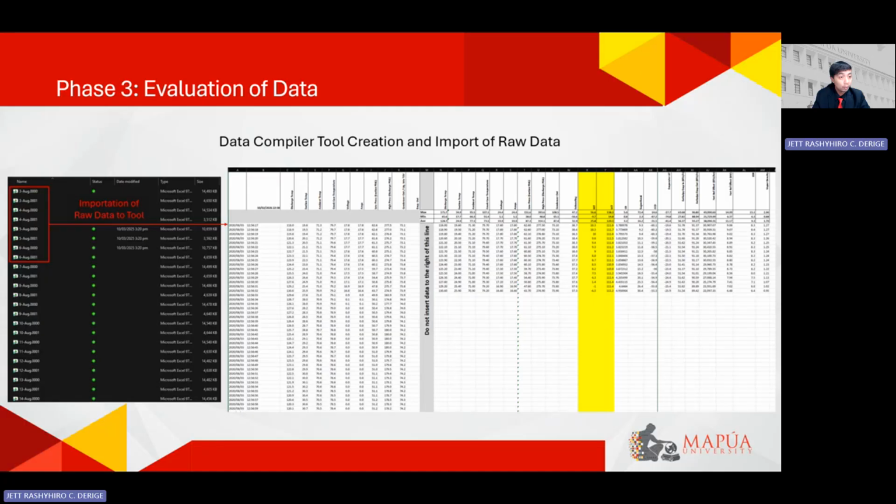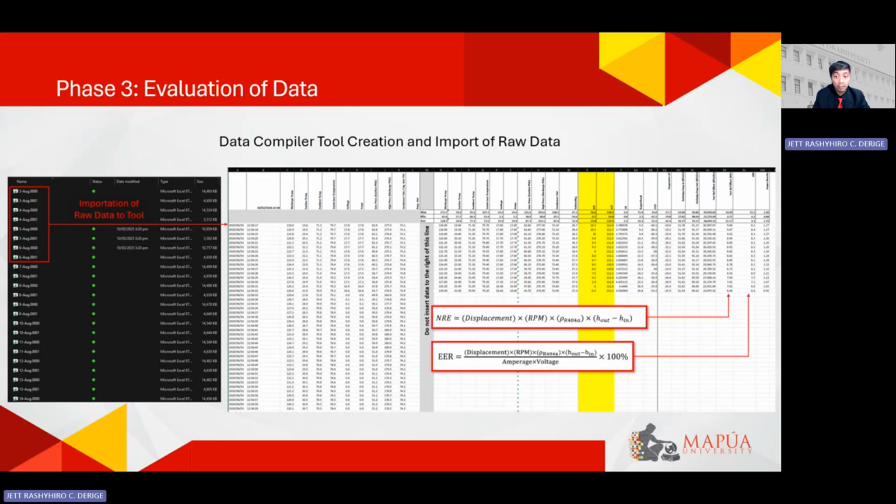So importation of the raw data tool. As you may remember on the earlier phase, that would be inputted into the data compiler tool that I have created in order to compute the necessary calculations to analyze the unit performance such as capacity, energy efficiency ratio, superheat, and other requirements needed for the calculation of the efficiency.